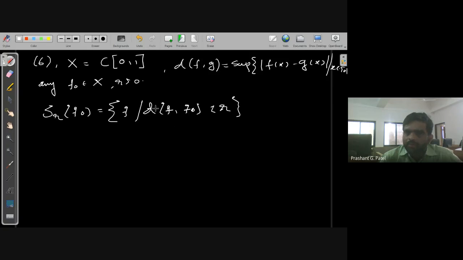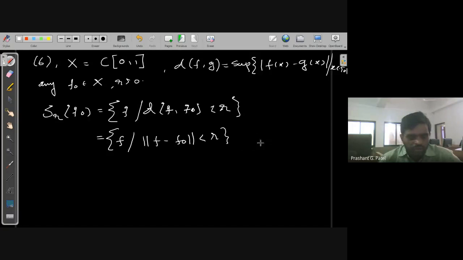Ultimately, it is a supremum. Or I can say in the other way, it is the set of all f in C[0,1] such that the norm of f minus f0 is less than r.